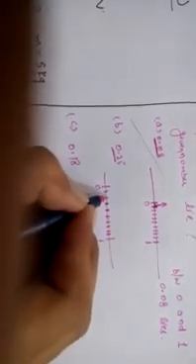Like this way, the same for 0.25. Now this is 0.01, 0.1, 0.2, 0.3, 0.4, 0.5, 0.6, 0.7, 0.8, and 0.9. This is 0.25. This is 0.2 and this is 0.3. In between this, this number lies. So we will write it between 0.2 and 0.3.